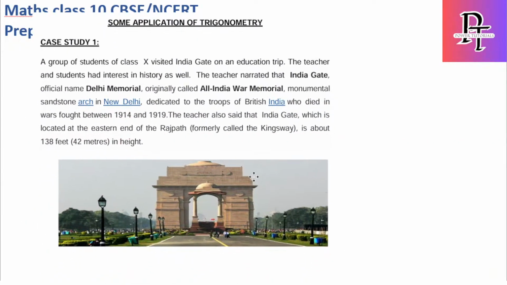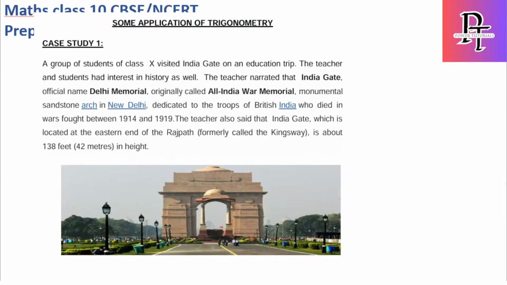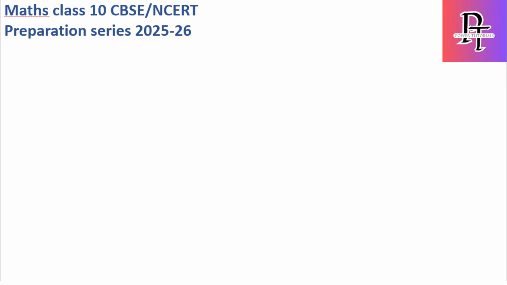Right now I'm taking the questions which are there in the question bank. I'm taking these question bank questions directly from the CBSE board website. They have provided a few sample question bank questions for all the chapters except trigonometry, because for trigonometry you will not get case study questions. You will find the case study questions in applications of trigonometry.